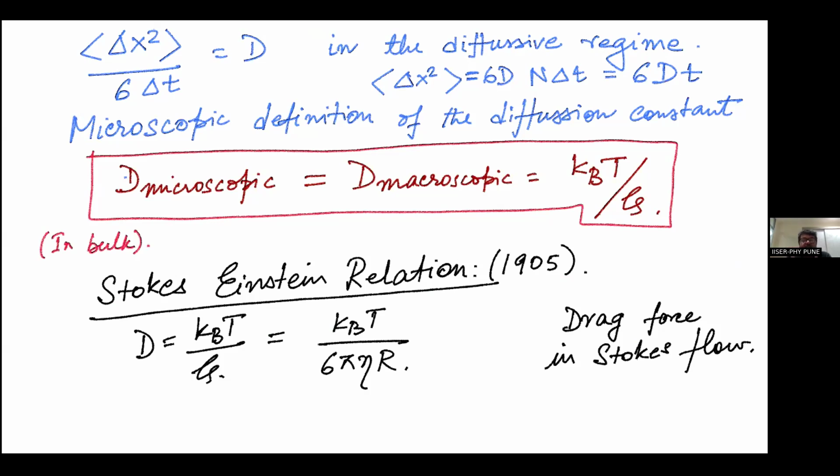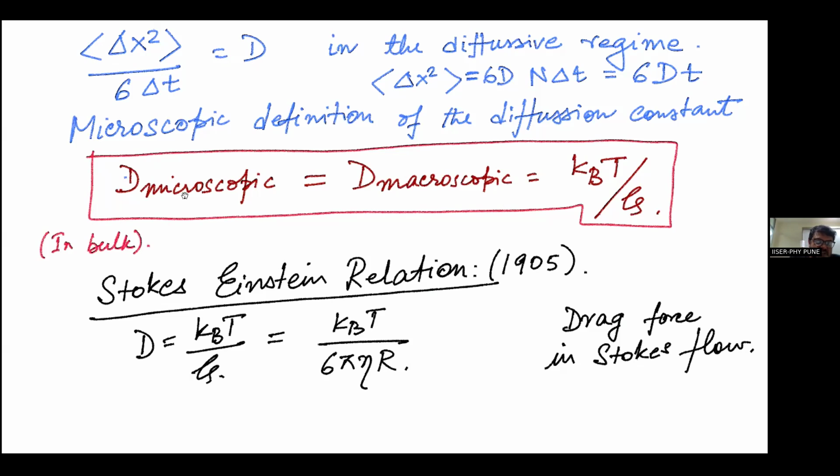So you can observe a Brownian particle, calculate how much displacement it has had, calculate the expectation value, look at how much displacement square averaged over, let's say, 50 seconds, divide by it, and you'll get your diffusion constant again.